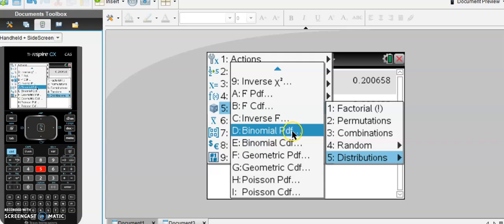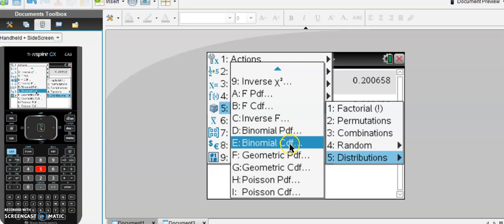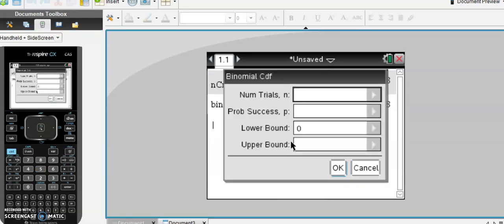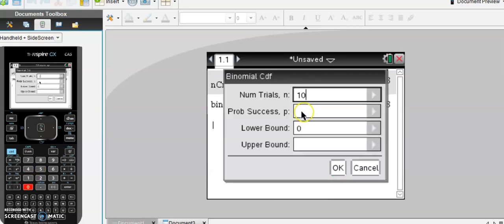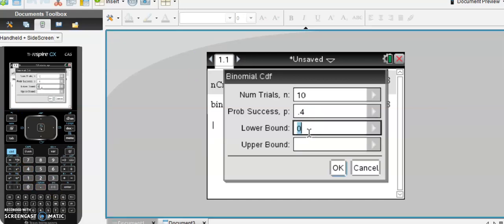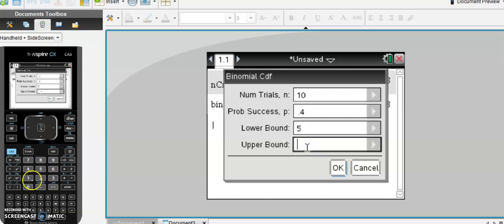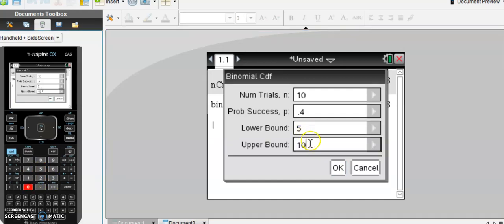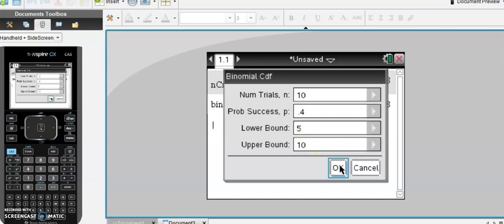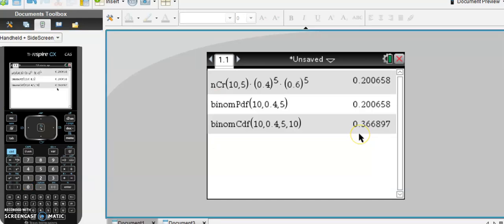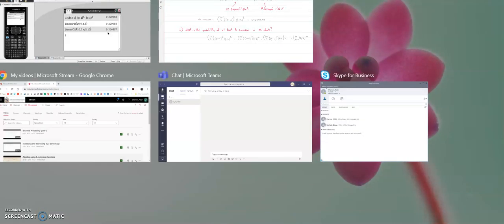PDF is for a singular value, like we just worked out. CDF is cumulative. Go to CDF. We put in the number of trials and the probability of success. Now the lower bound, we want at least 5. So we want 5 to 10. Look at what this does. This adds up all the probabilities from 5 to 10. We hit OK, and there's our answer, 0.367 to 3 significant figures.